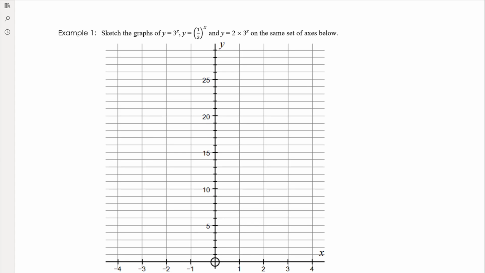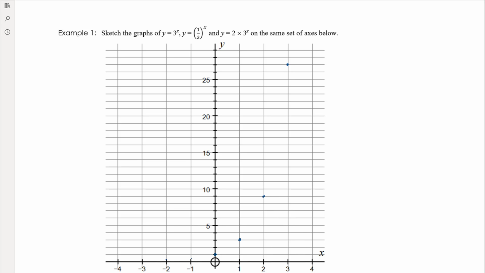Okay, so y equals 3 to the power of x. Let's draw that in first. So when x equals 0, y equals 1. When x equals 1, y is 3. When x equals 2, 3 squared is 9. When x equals 3, 3 to the power of 3 is 27. And after that, we're going to be off the chart. And then down here, things are going to get small quite quickly.